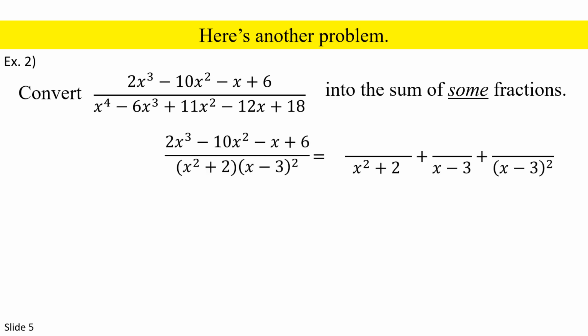So again, we need to factor the denominator. And we end up with x squared plus 2 and x minus 3, or x minus 3 quantity squared. There's our multiplicity. So we list the x minus 3 and the x minus 3 quantity squared in addition to the x squared plus 2.